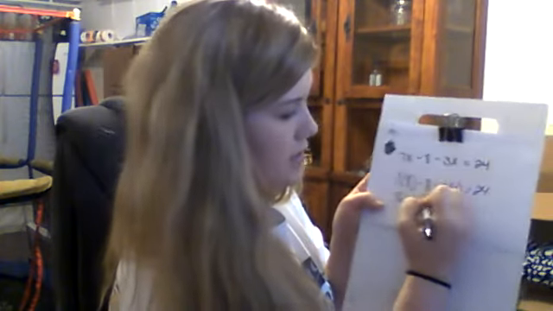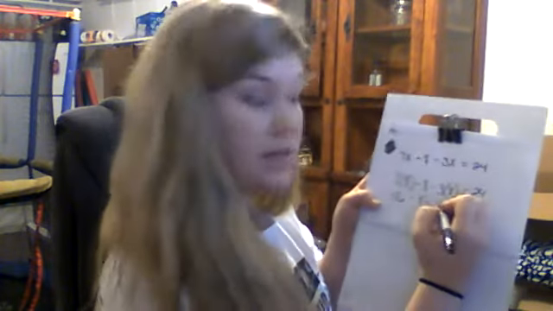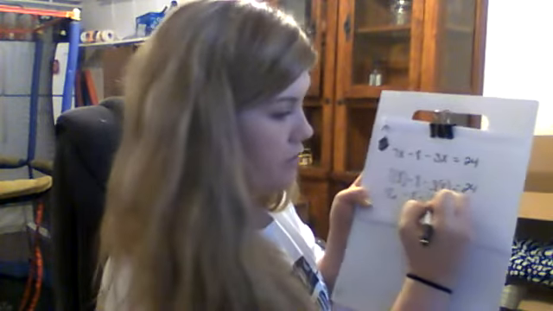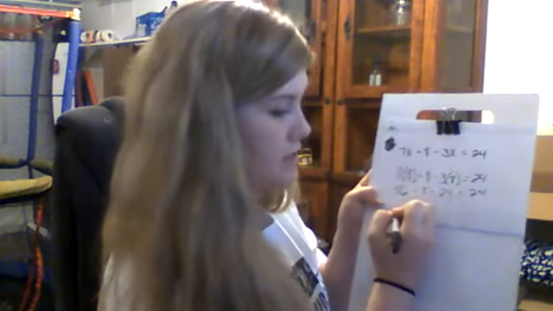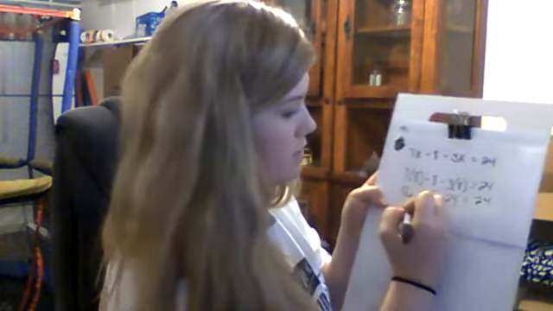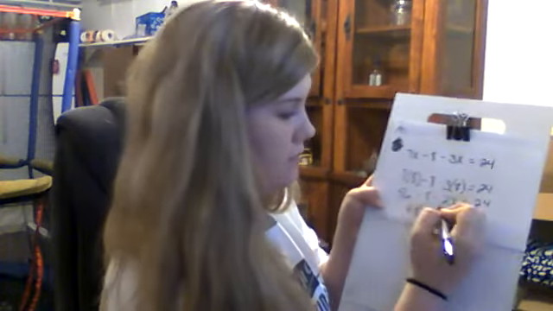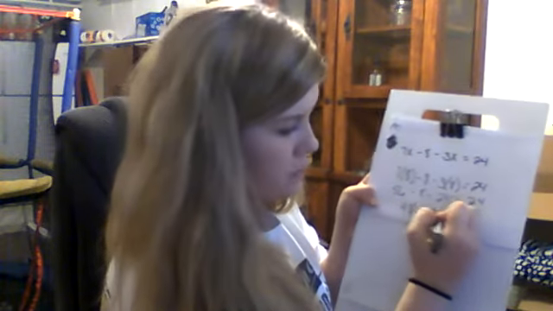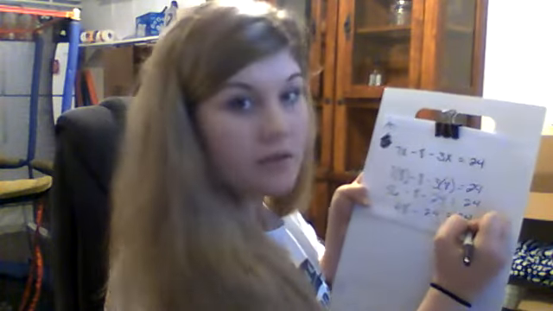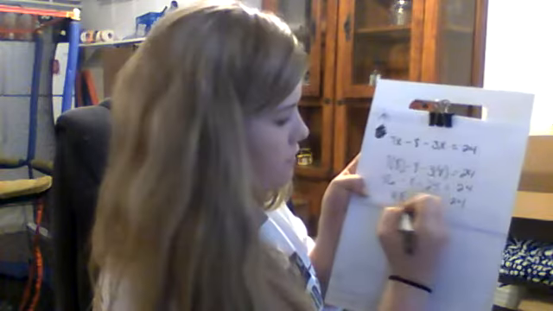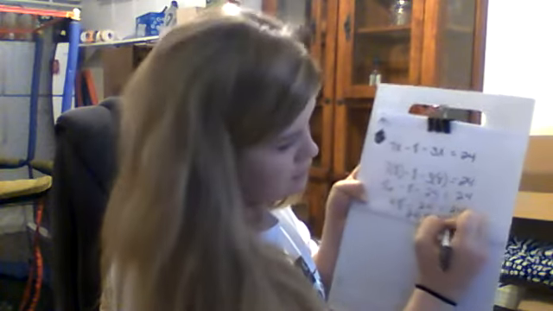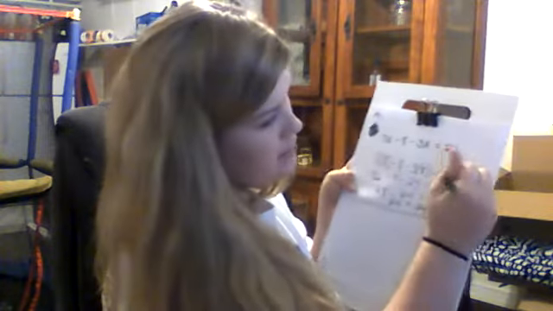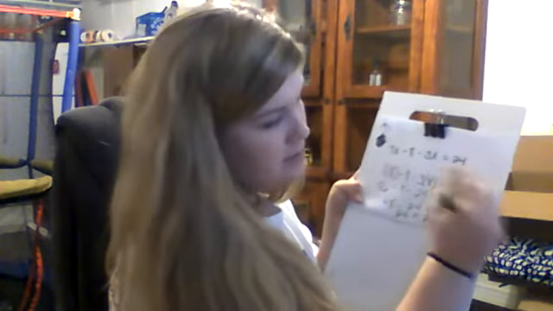Then we do minus 3 times 8, which is 24, equals 24. 56 minus 8 equals 48. Minus 24 equals 24. And then 48 minus 24 is 24, and 24 in fact equals 24. So x must equal 8.